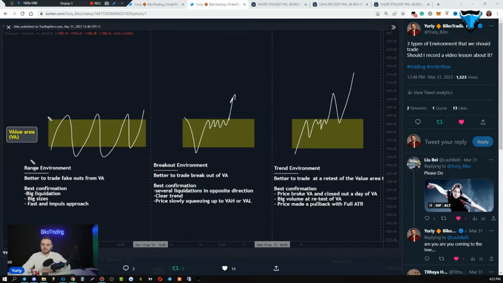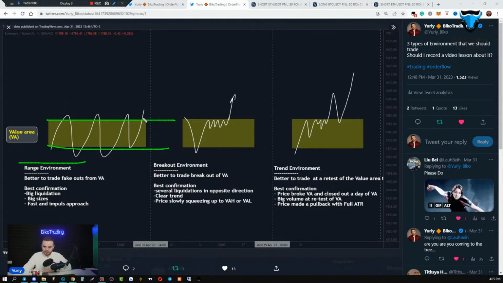Such areas, range environment, it is an area where some whales build a position, because we are small traders, and to trade even a $1 million account, the market won't fill you, because it's easy to execute 10 BTC, 50 BTC, even 100 BTC. Not a big deal. But when you trade in some big institutions and you manage billions, you need a period of time to build a position.